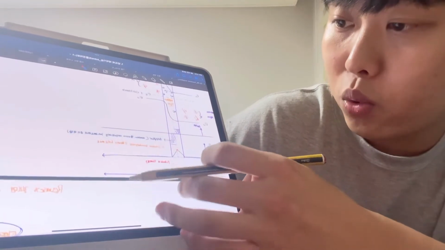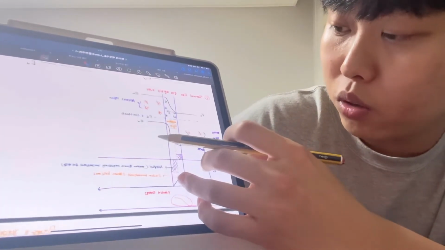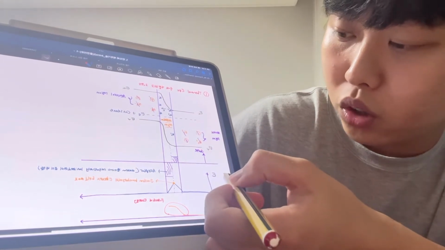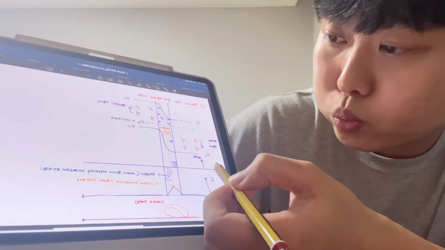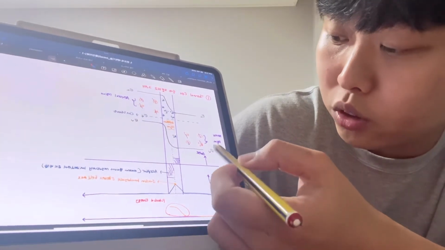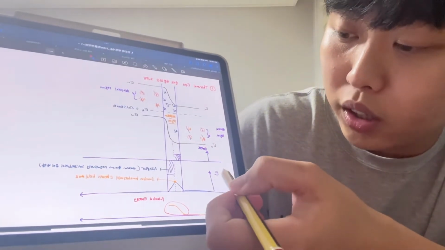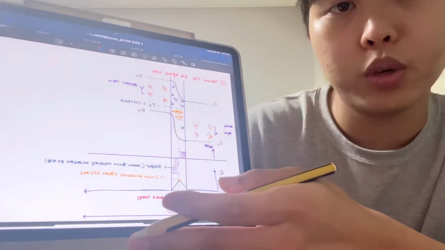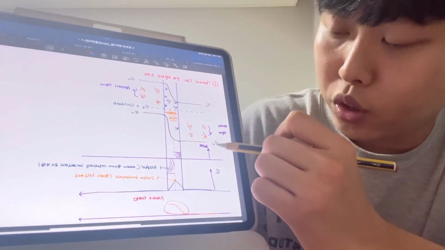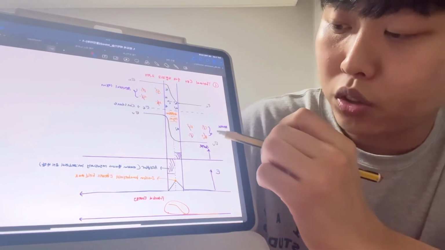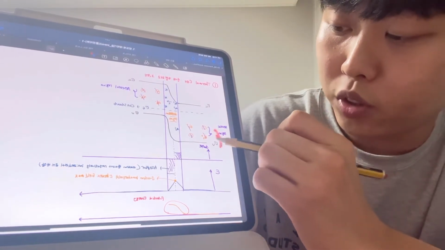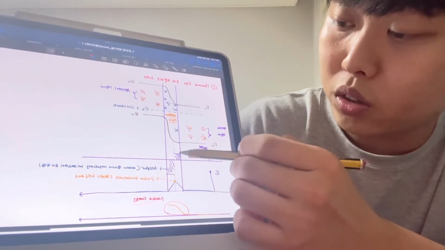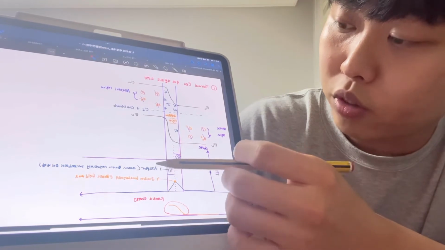Now we have to look at the charge, the electric field, and the electric potential energy, because by the Poisson equation, if you integrate charge, you get the electric field, and if you integrate the electric field, you get the potential energy. So this is the quick diagram for it.